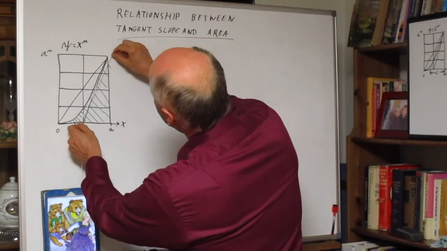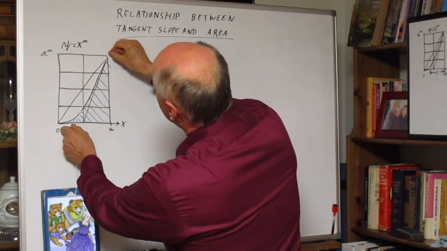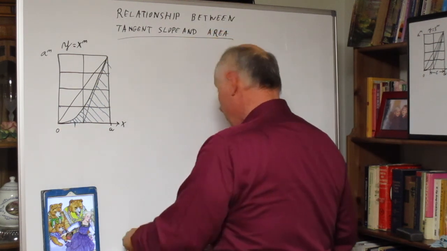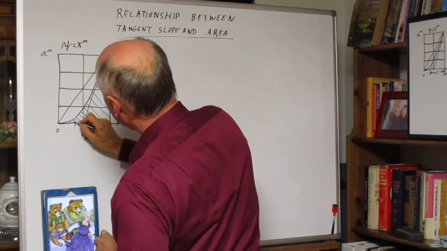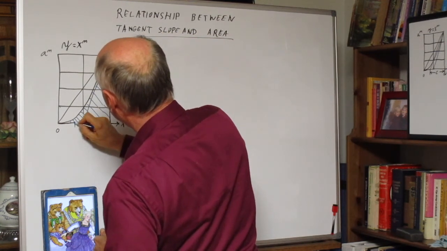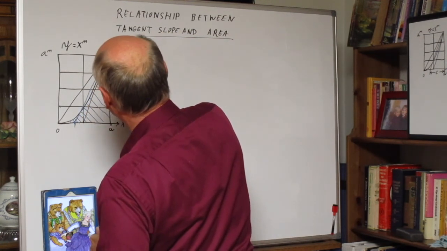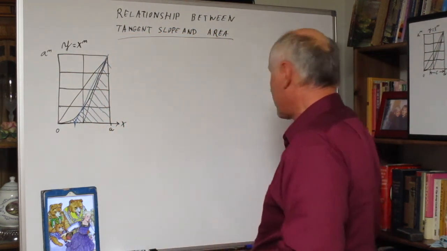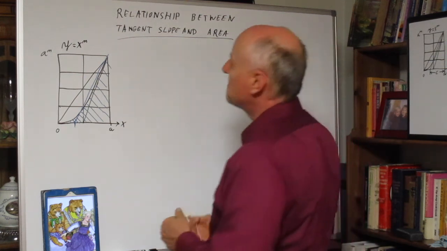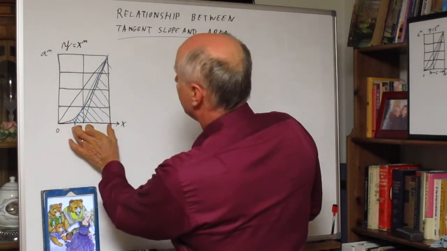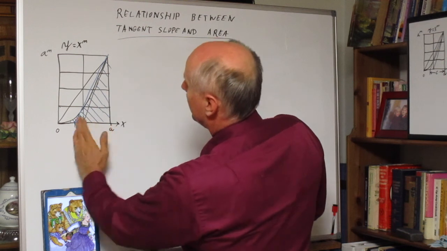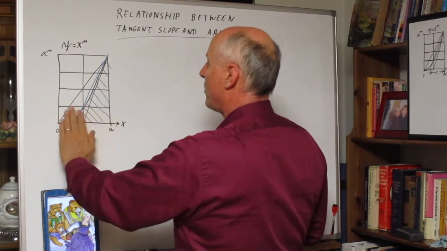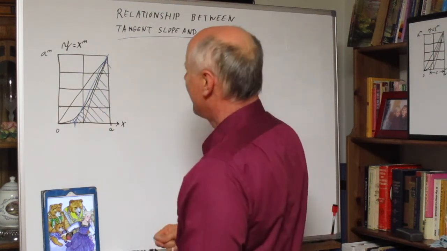So we're going to say that's going to be, let's just draw it. Bingo! See that? So there's our estimate of where we think our area is, kind of a midpoint, somewhere in between.